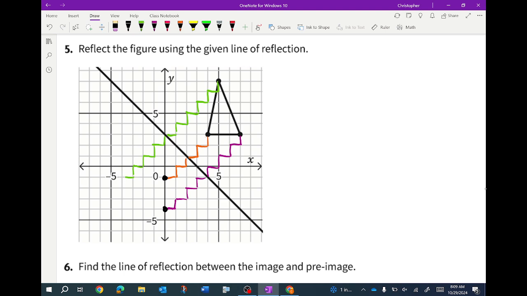One, 2, 4. There we go. Half. Okay. And connect our dots. There's our reflected triangle.